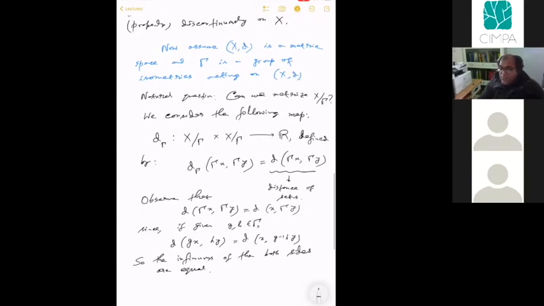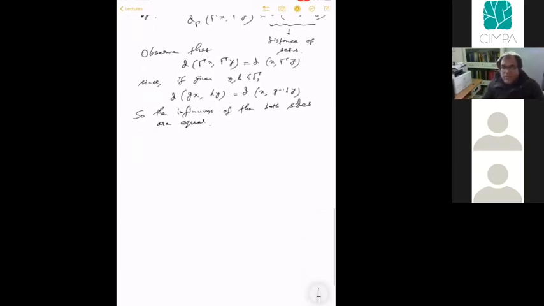Now we will use this observation to prove a proposition. Let gamma, X, d, etc. be as above.